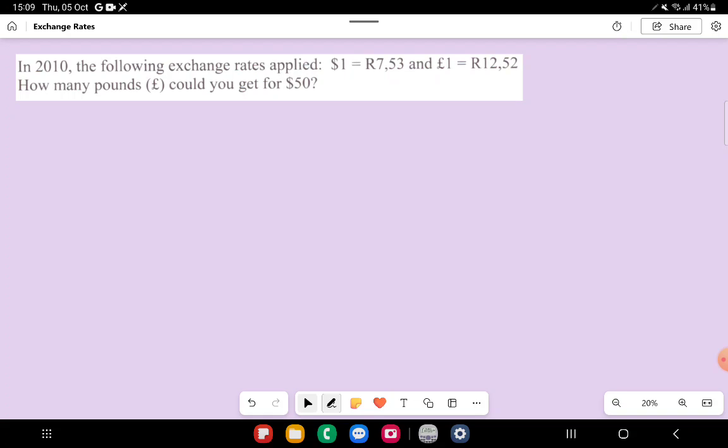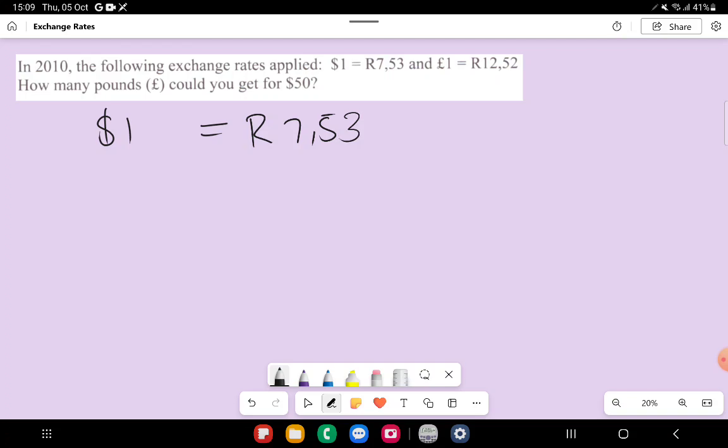You are going to make an equation that says, my dollars says $1 is equal to 7 rand 53 cents. So $50 is equal to, in rands, what did I do? I said times 50 on both sides.